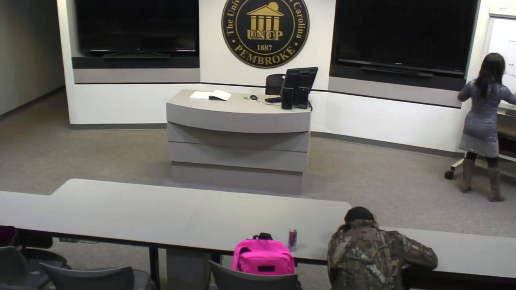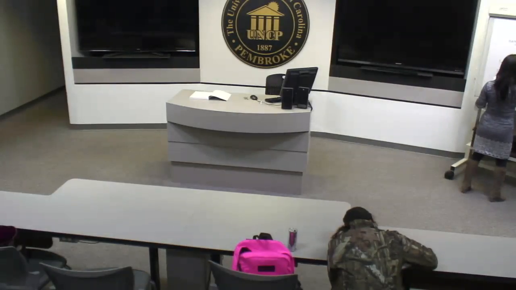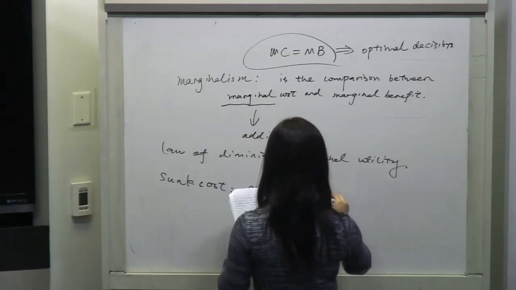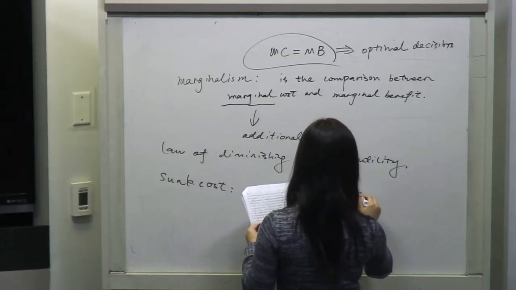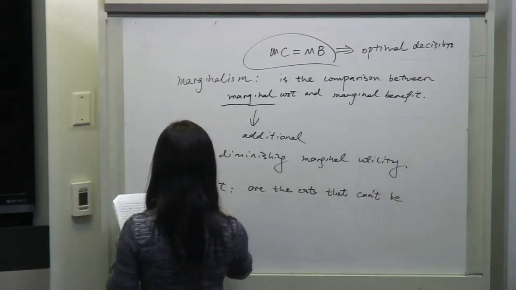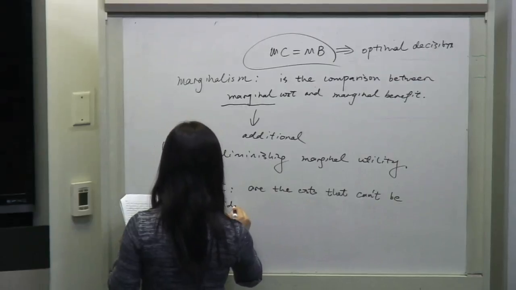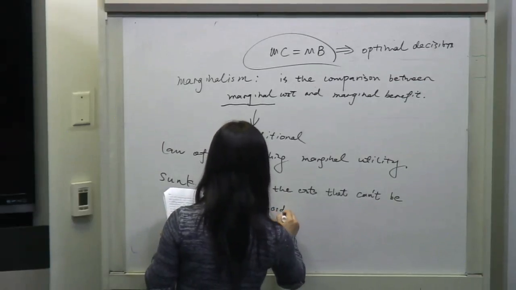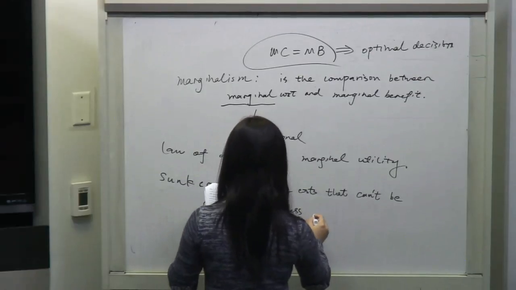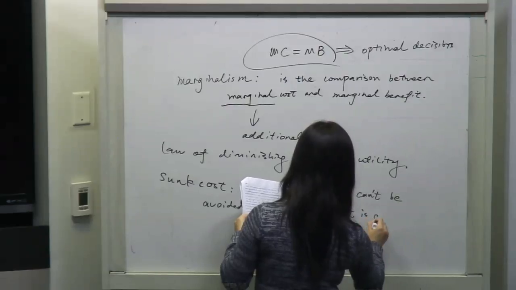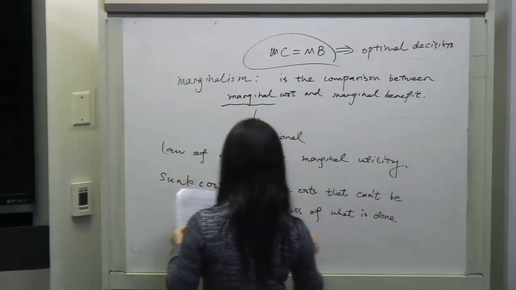Sunk costs are the costs that cannot be avoided regardless of what's done in the future.